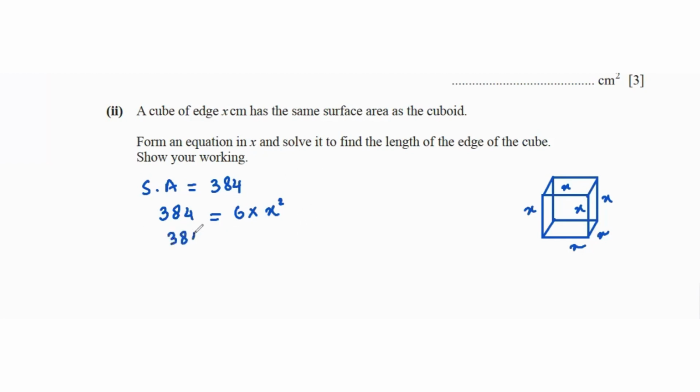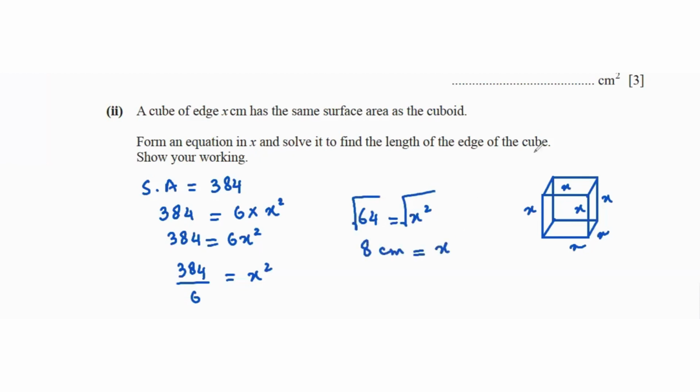So 384 is 6x square. To find the value of x, I'm going to divide 384 by 6, which will give us 64. And then we square root 64, which will give us 8 centimeters as the value of x.